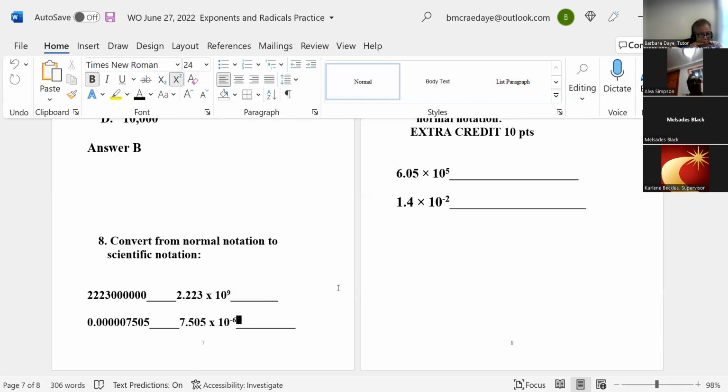Because 7 is less than 10, that's why we stop there. It's 7.5 because if you moved it between the 5 and the 0, it'd be 75, which is greater than 10. Less than 10 means you can't have 75, 750, or 7,505.